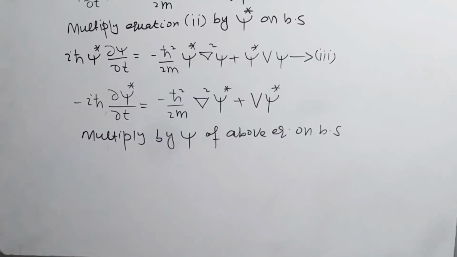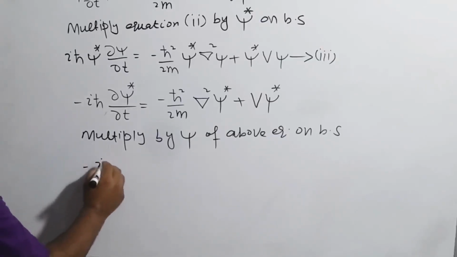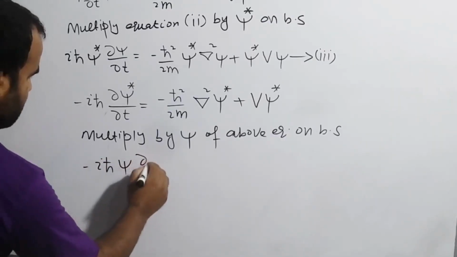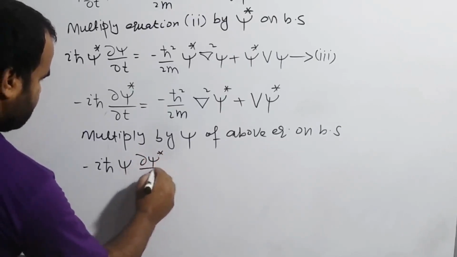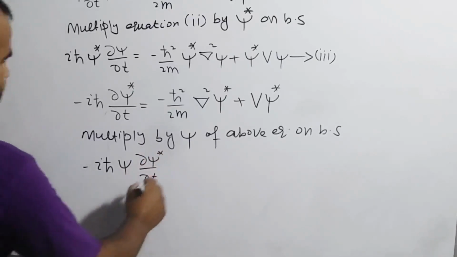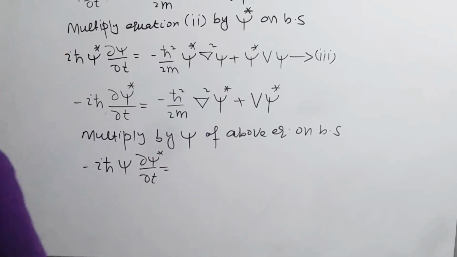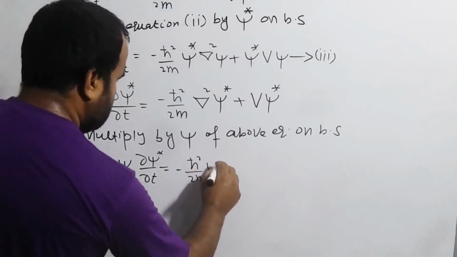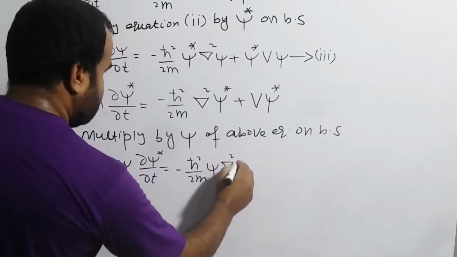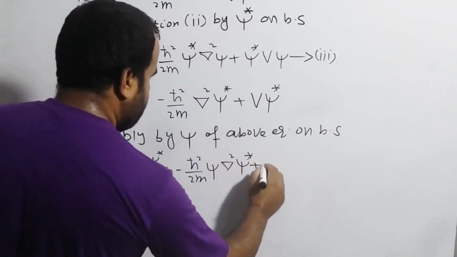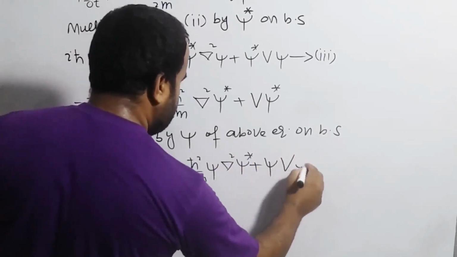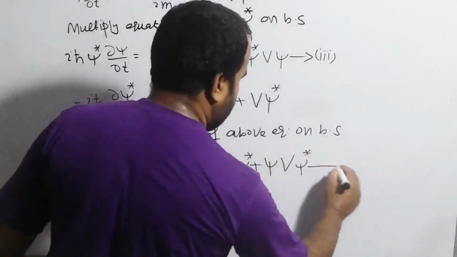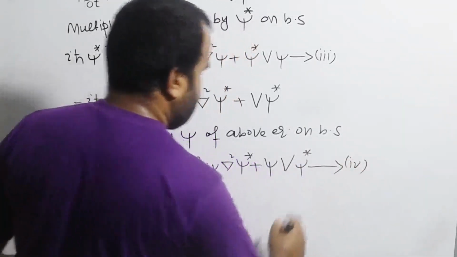When we multiply by psi, it will be minus iota h cut psi partial psi star divided by partial t is equal to minus h cut square divided by 2m psi del square psi star plus psi V psi star. Now this equation is equation 4.